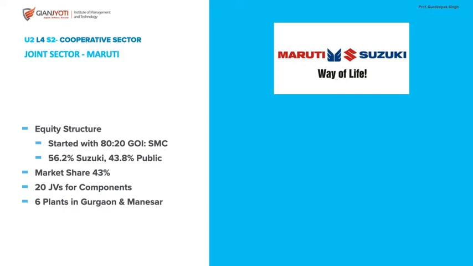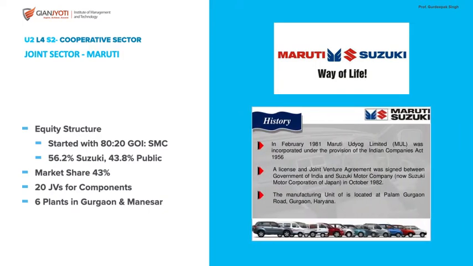So basically, this project was conceived by Sanjay Gandhi, son of the late Prime Minister Indira Gandhi, way back in 1981. And so Maruti Udyog Limited was incorporated under the Companies Act.